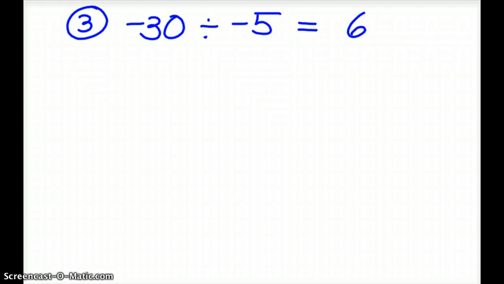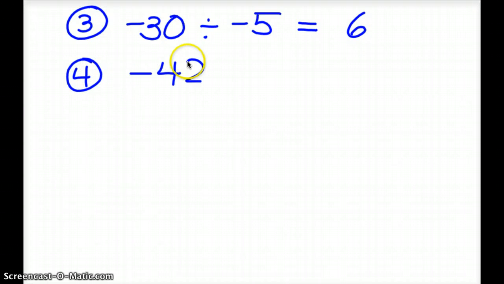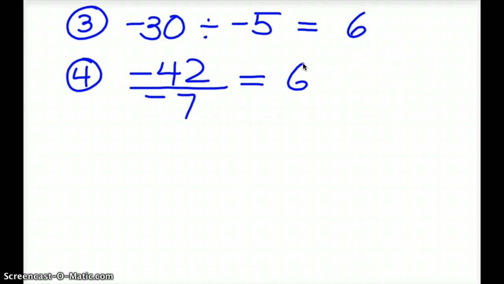Miss Thielen, I got another one for you. What if I wrote negative 42 divided by negative 7, this way with the bar again? Two negatives make a positive, so is that the same answer as number 3? Yes. Positive 6. Look, they match, people, they match.